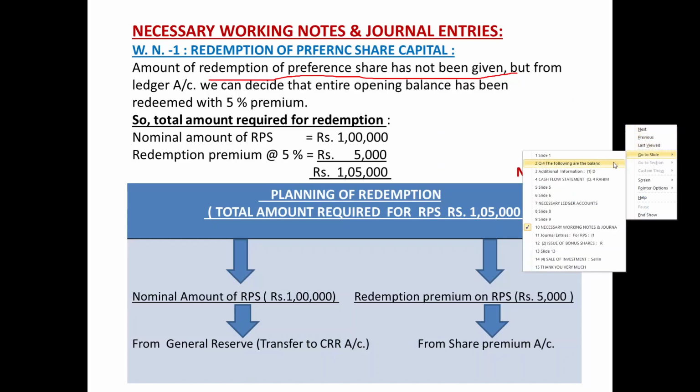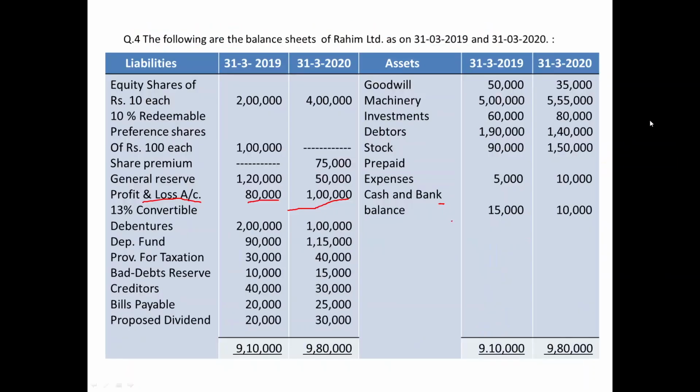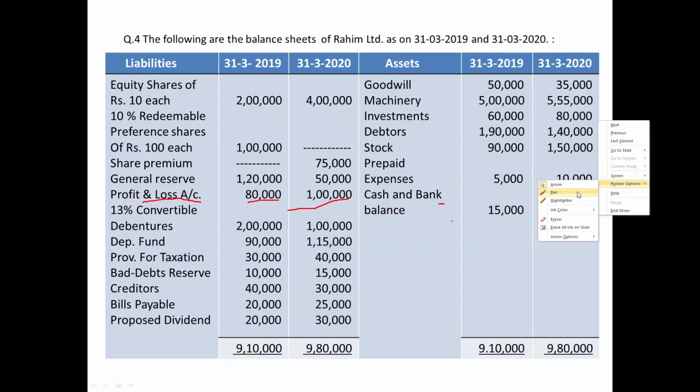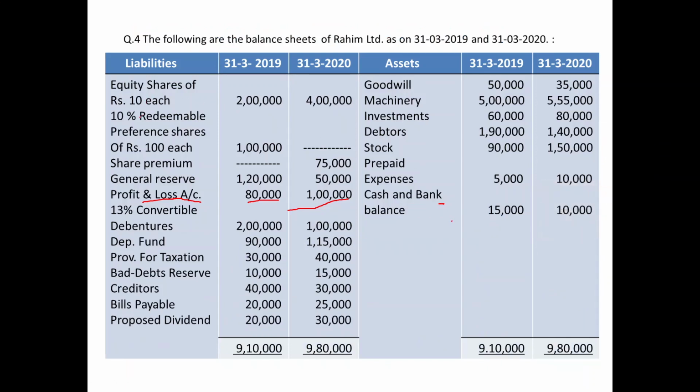Let us verify the balance sheet. What is the position of preference share capital over there? Have a look, liability side. Second item, 10% redeemable preference shares of rupees 100 each. Last year 1 lakh, current year nil. What does it mean?